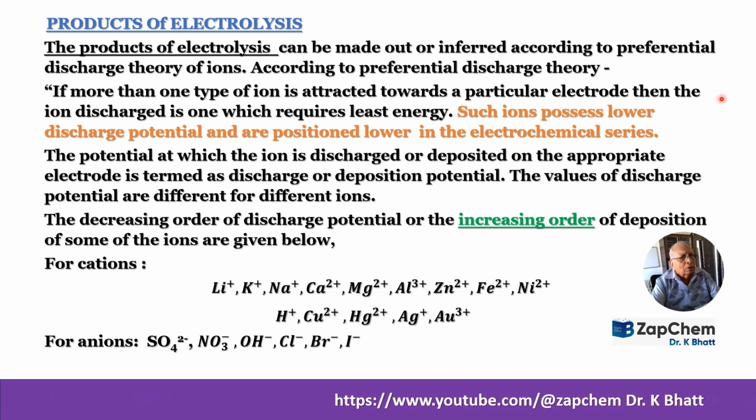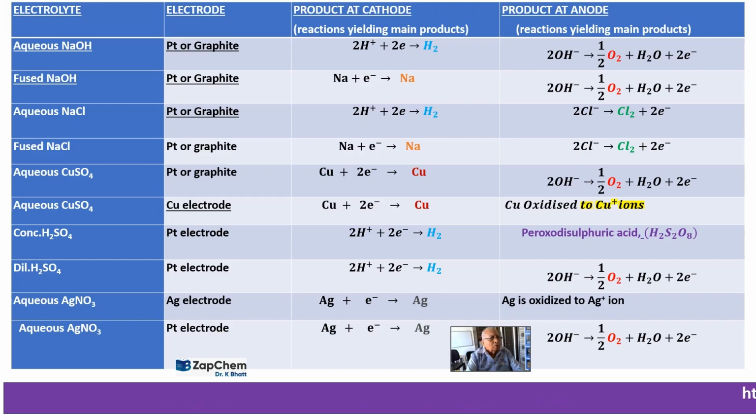Now, next, since there may be more than one cation or anion present in the aqueous solution of sodium hydroxide, sodium chloride, copper sulfate, sulfuric acid, dilute nitric acid, and silver nitrate, etc., what would be the products of reaction and what would be the reaction occurring at anode and cathode?